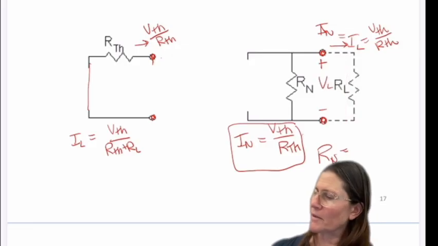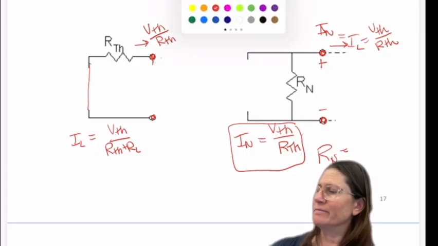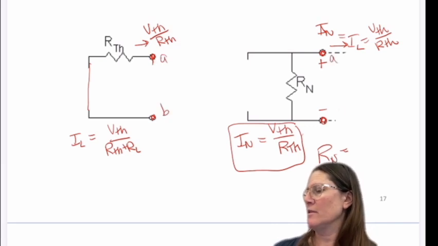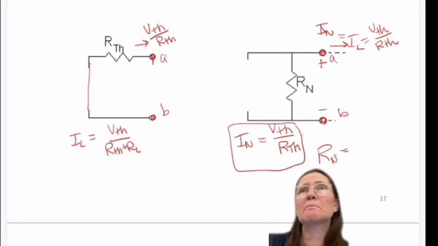Sorry, open this up too. When it's what? So between A and B and between A and B, how do you make those the same? RN needs to equal what?